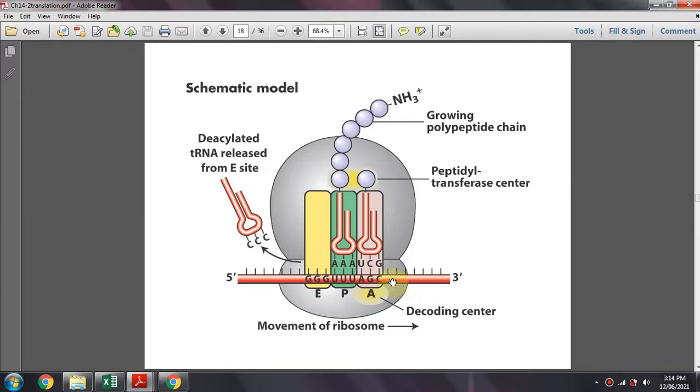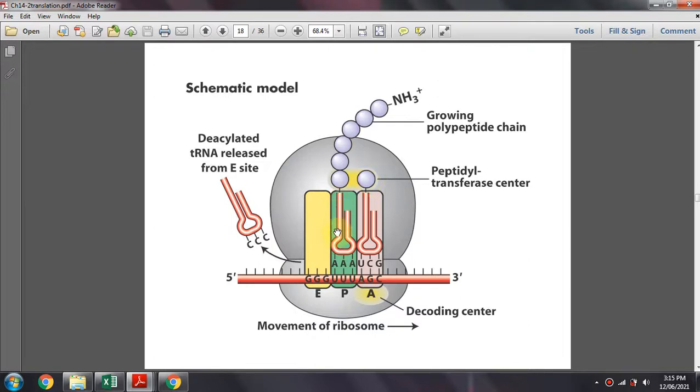Okay, as it moves one codon ahead, this AUG initiator codon will be in E site, and this tRNA transfers its amino acid here onto this tRNA. So here this tRNA is known as peptidyl tRNA, okay, which carries dipeptide, because it has two amino acids linked together.